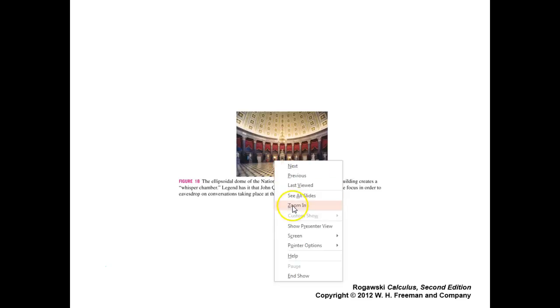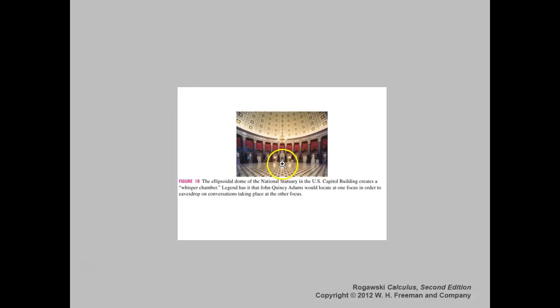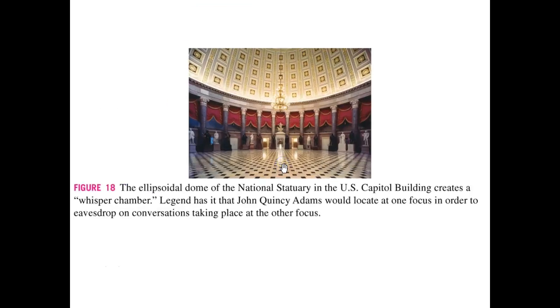I don't know if you realized, even though I've been in this once, it never dawned on me. It's an ellipsoid dome, National Statuary Hall in the U.S. Capitol Building, which creates a whisper chamber. Yes, I was there for that, but I didn't know it was because it was ellipsoid. You know what they mean by that?